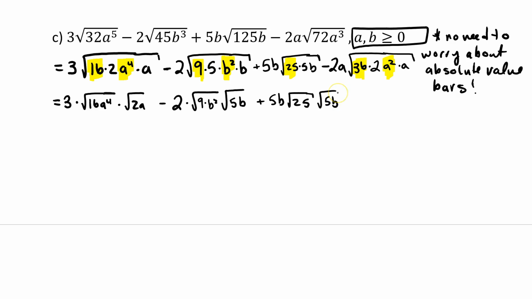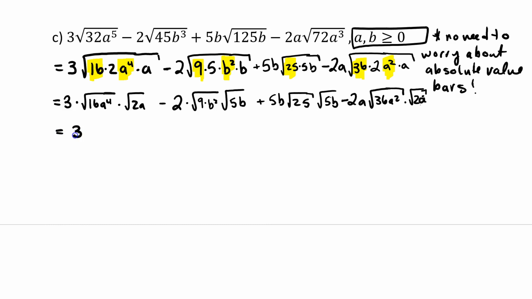And I do a little math happy dance because I'm noticing, okay, 5b and 5b, that's good. What's tricky about this one is 5b is outside of the radical and underneath the radical, but these are different. Minus 2a times 36a squared times the root of 2a, which is good because it's a like term to that. So if I'm seeing some like terms forming already, that's a good sign.